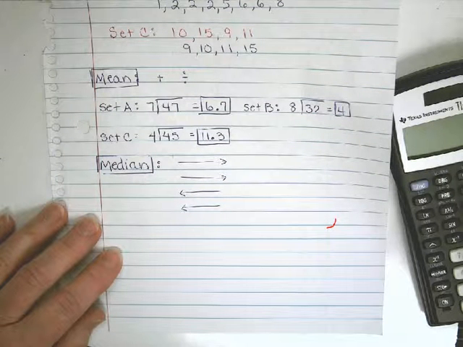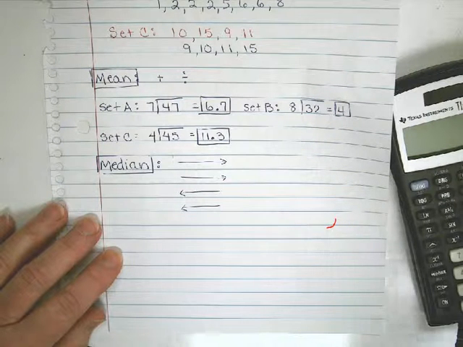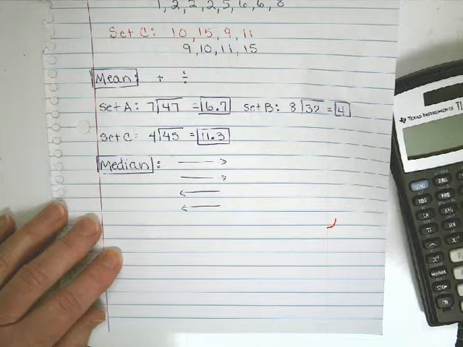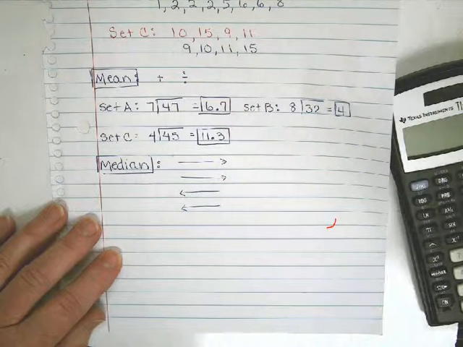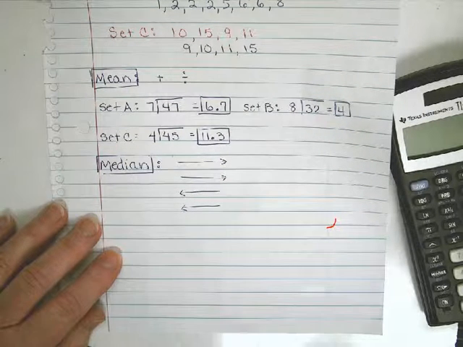Do you know where the median is on the interstate or on Hamilton Boulevard? Any idea where the median is? The turn lane? You're close. No, it's not the turn lane. The in-between. It's the in-between. The median would be right here.